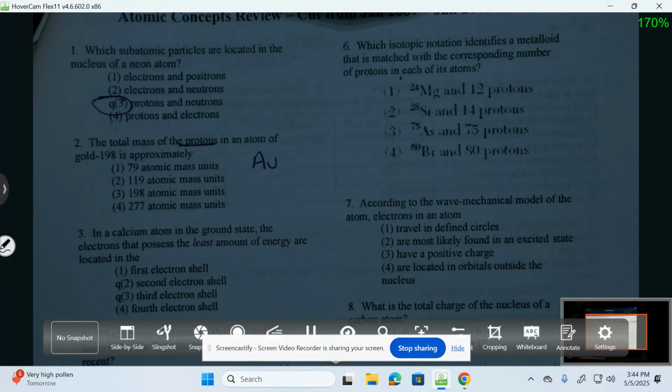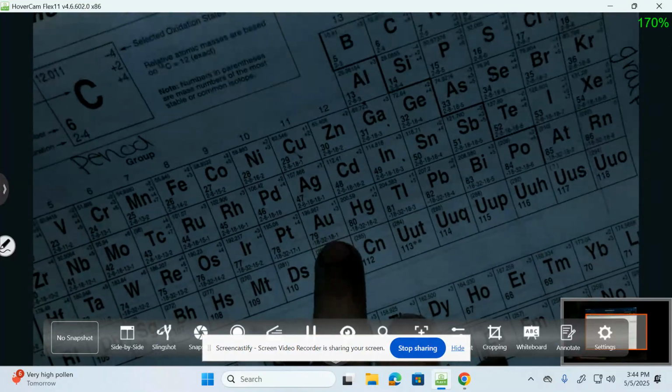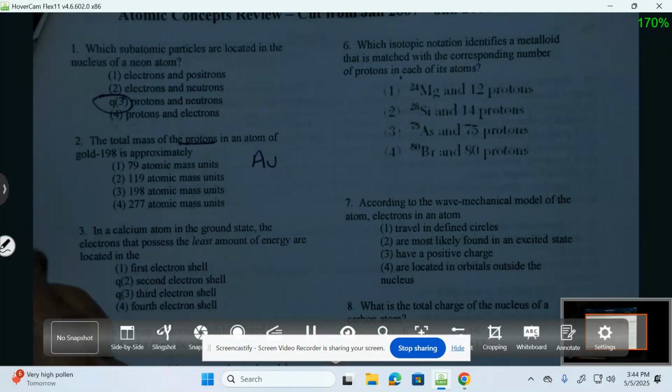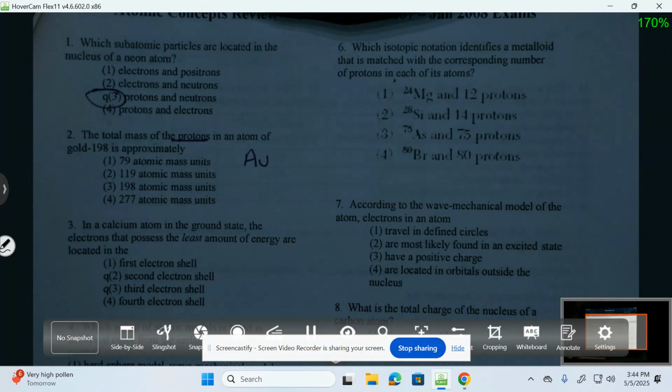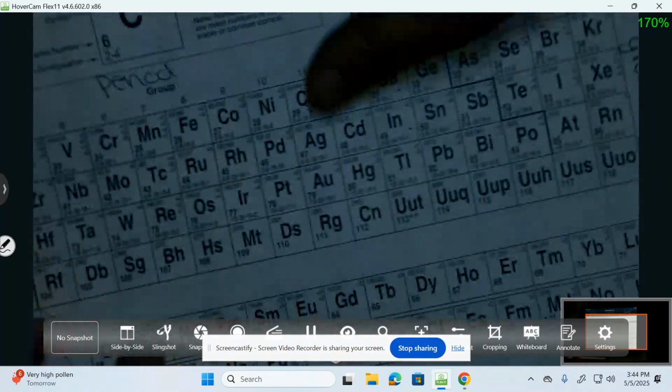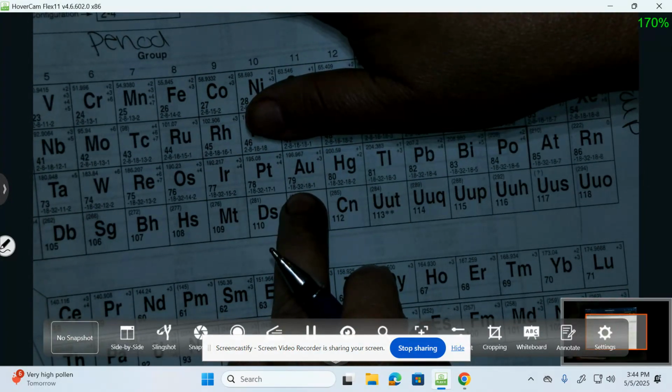Did you find gold? It's right here. How many protons does it have? Can you show it again? Sure. How many protons? Yep, protons only. 6?